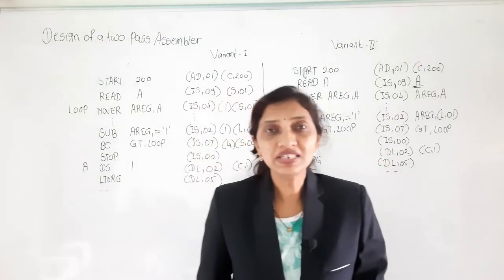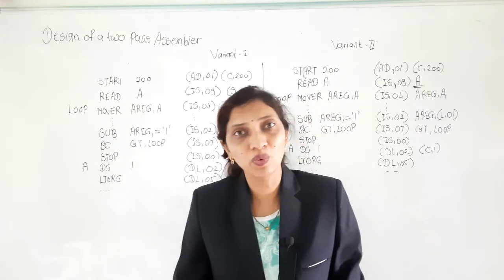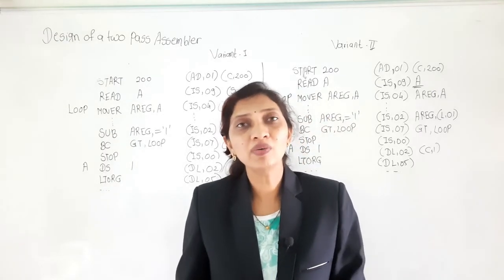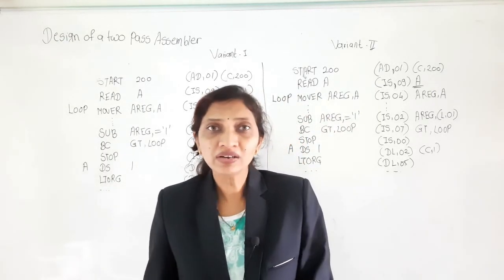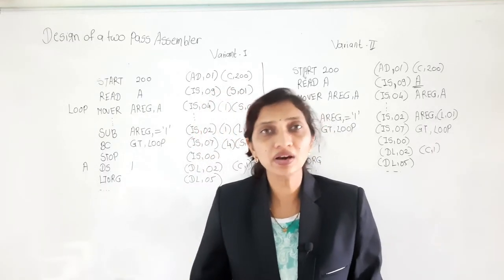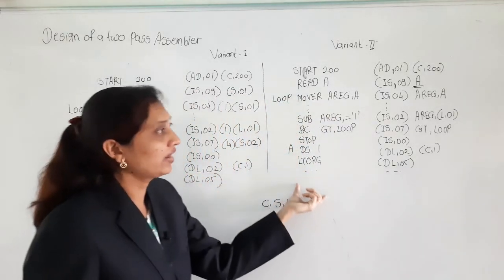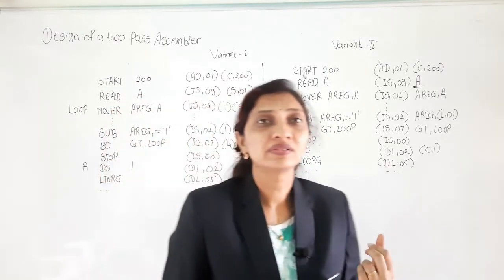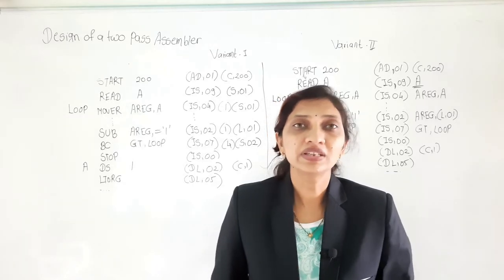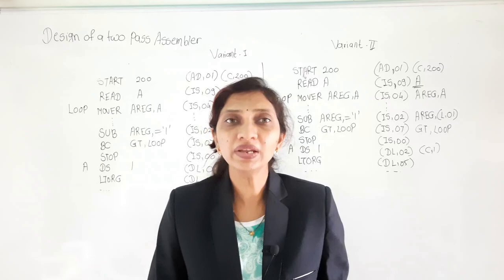The analysis phase performs its work but gives the intermediate code in partial format, so the remaining work can be performed during the synthesis phase. In this way variant 1 and variant 2 can be compared.